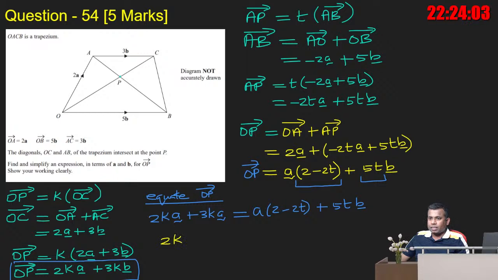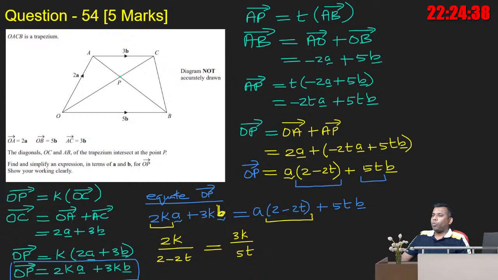The A coefficient 2k divided by the A coefficient on my right hand side, 2 minus 2t, equals the B coefficient, 3k divided by 5t. That is my bad, I had written it as A.